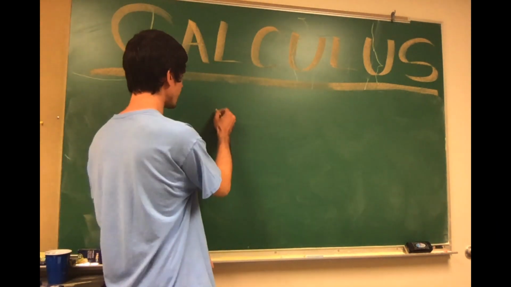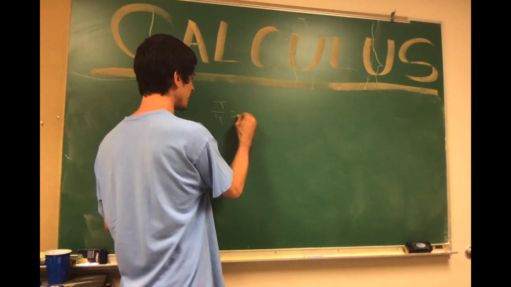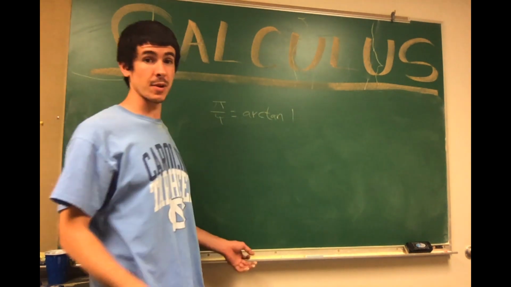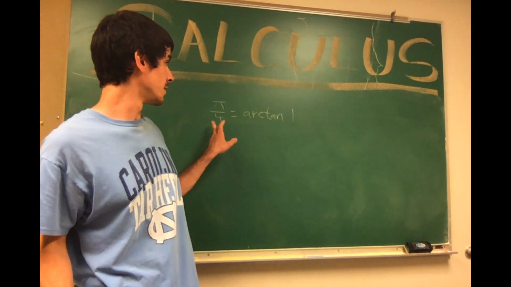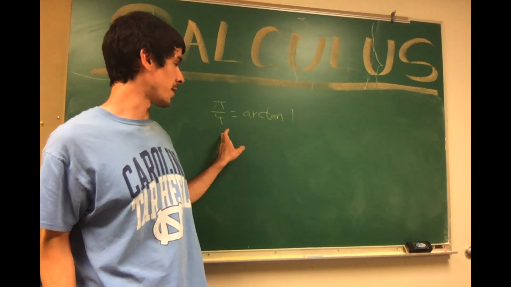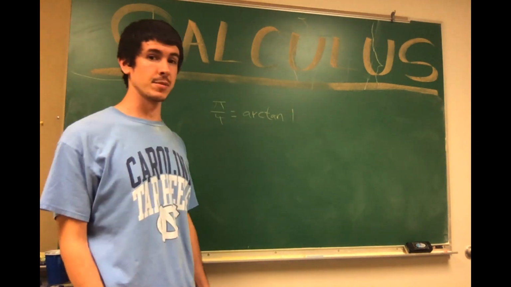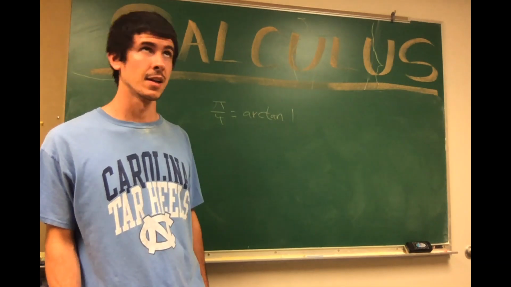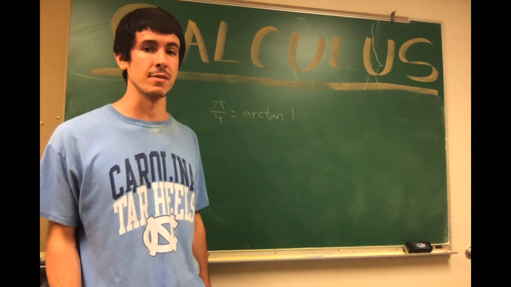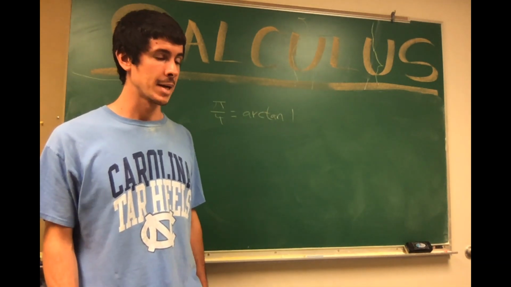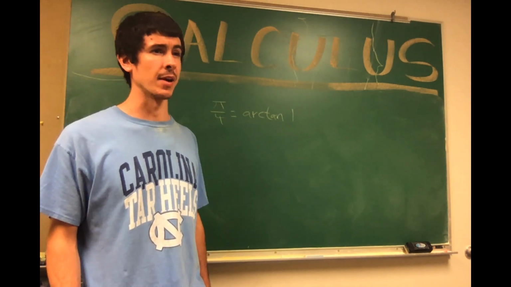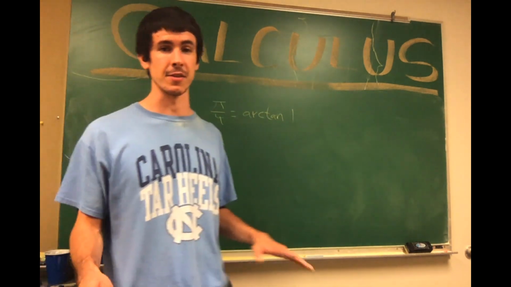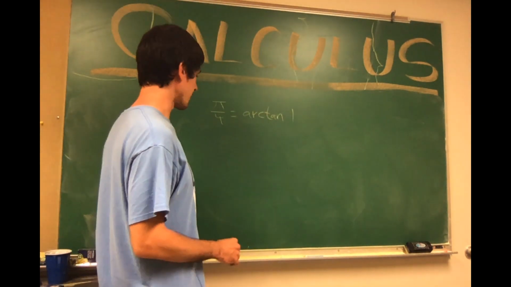And with pi over 4 equals arctangent of 1, if we could approximate arctangent arbitrarily well, then we could approximate pi over 4. And taking arbitrary derivatives of arctangent at 0 is not that hard, but it would be an annoying thing to try to do in this class. It would take a lot more explaining than I feel justified in doing, given that this is usually a side topic in Calculus 1.